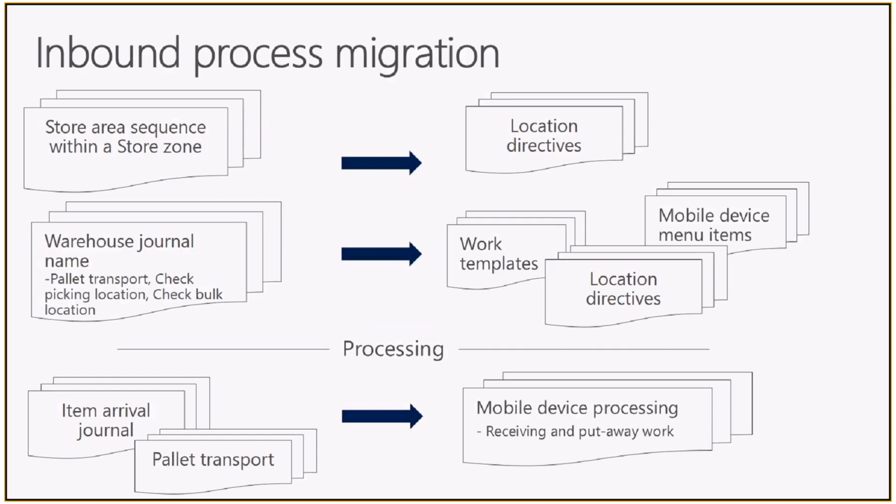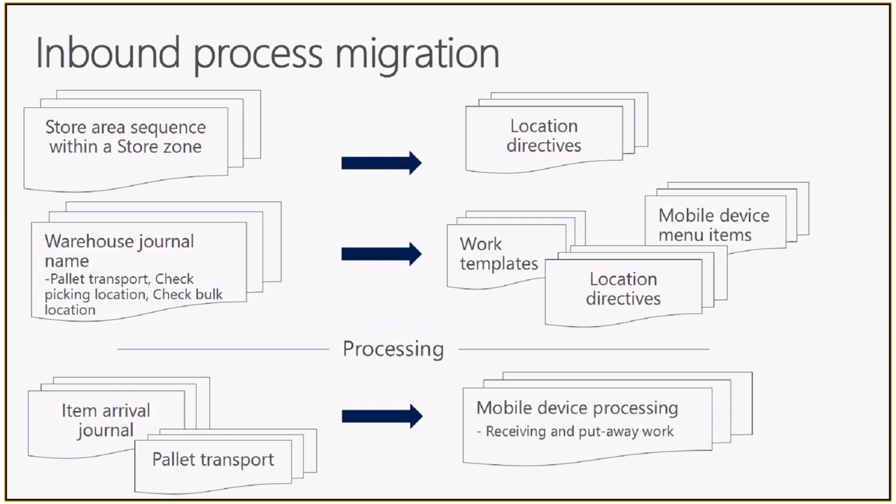You have defined put away rules for whether it should be put into your bulk area, and the searching of a free location within your warehouse. That decision was taken based on your store area and the sequence of your store zones, the areas within your store zones. So it could be a search that starts with your A area and then goes to B area, etc., to fill up and have the most effective way of putting into bulk areas.